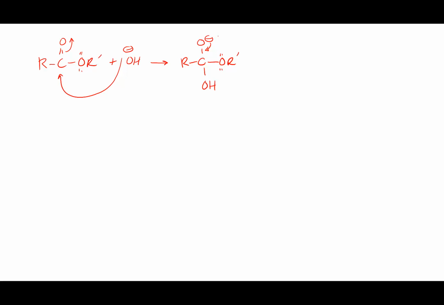Which group is the better leaving group? Hydroxide? And remember, there's no acid to protonate anything. So is the hydroxide a better leaving group, or is the OR minus a better leaving group? Well, if you remember back to the last lecture, the OH minus is a weaker base than the alkoxide.